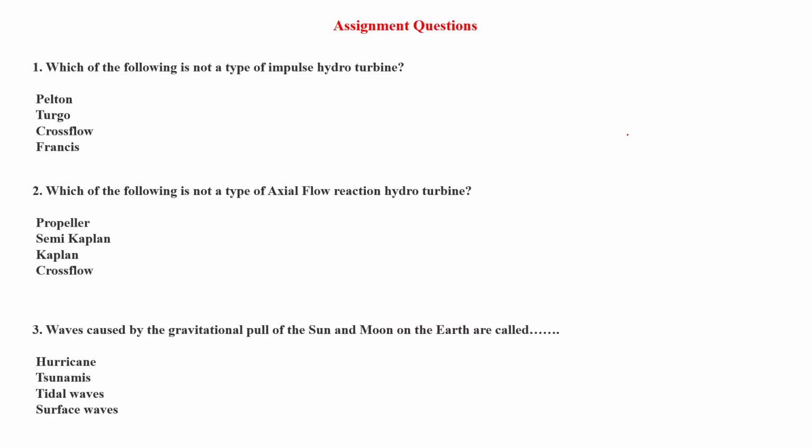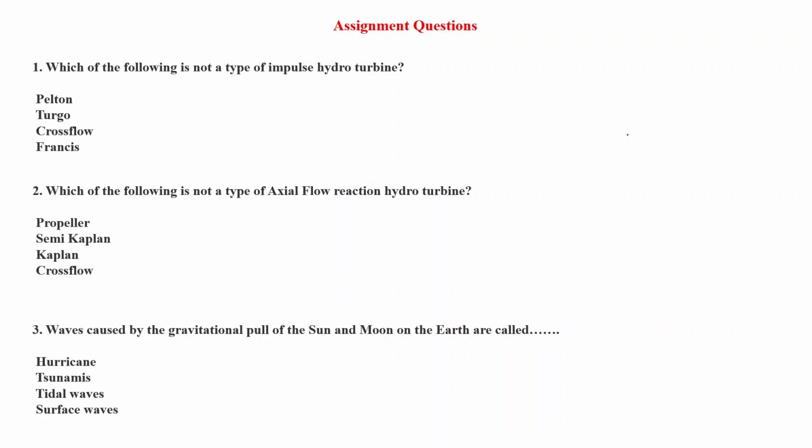So coming on to the assignment questions. The first question is, which of the following is not a type of impulse hydro turbine? Francis.